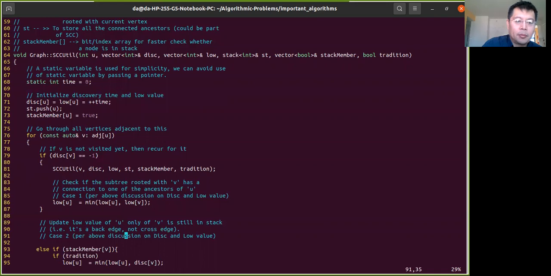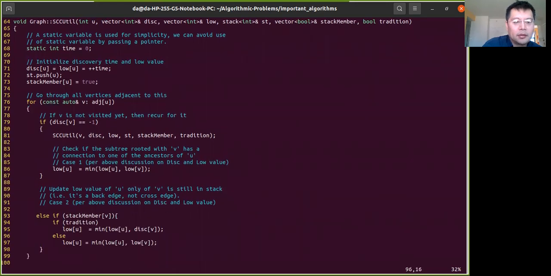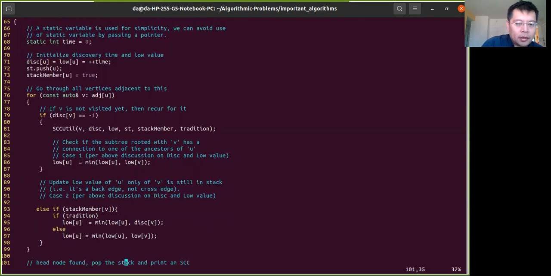What if the vertex is discovered already? Here is the subtle thing. If it is discovered and it's already in the stack, by the way, we should define a stack, and we use a vector called stack member to denote whether a member is out of the stack or in the stack. Then here, the subtle thing is that traditionally there are lots of arguments about this.